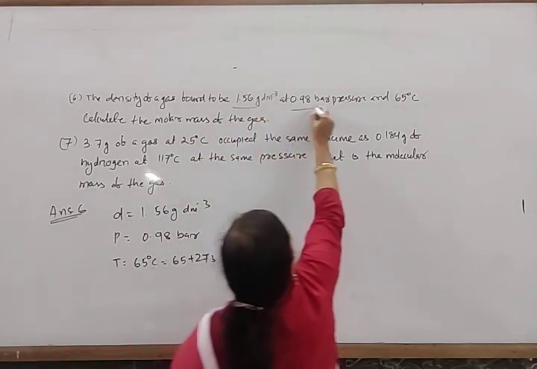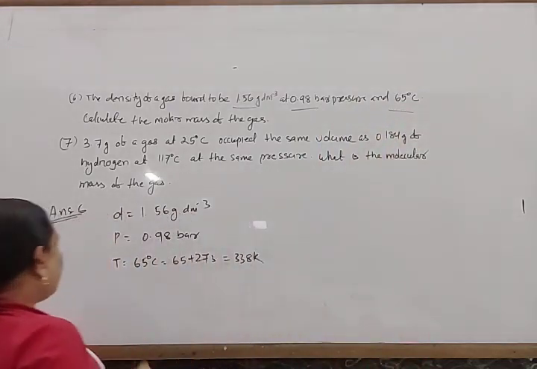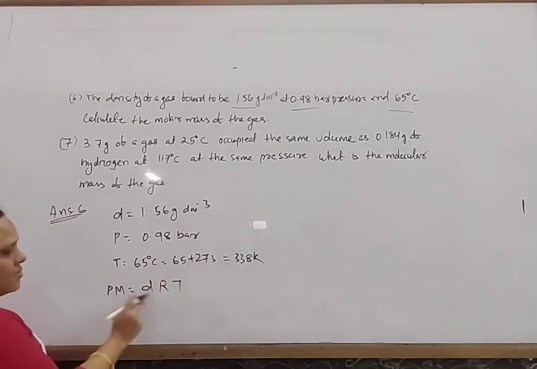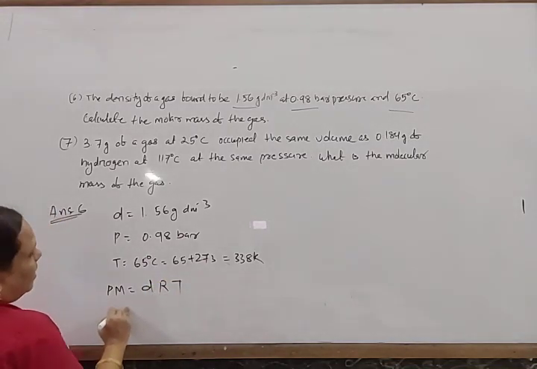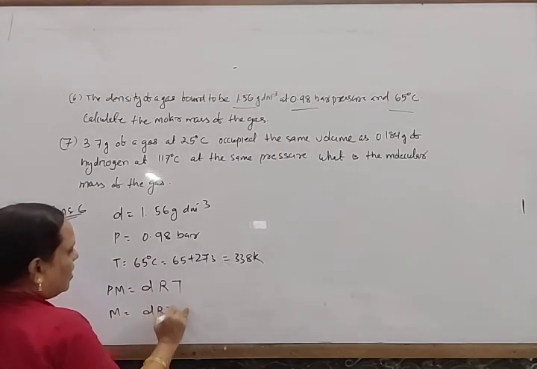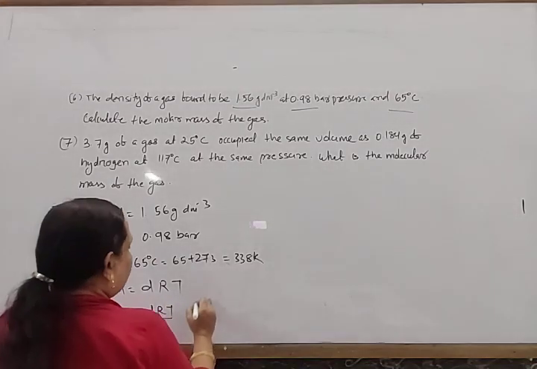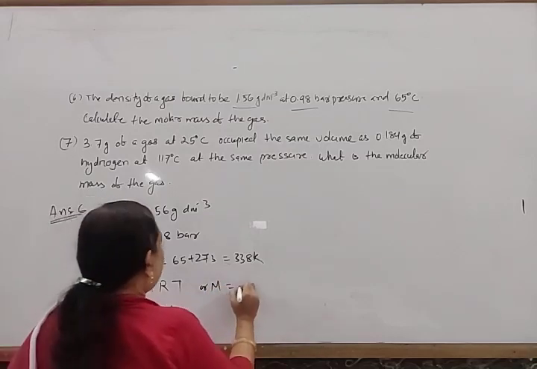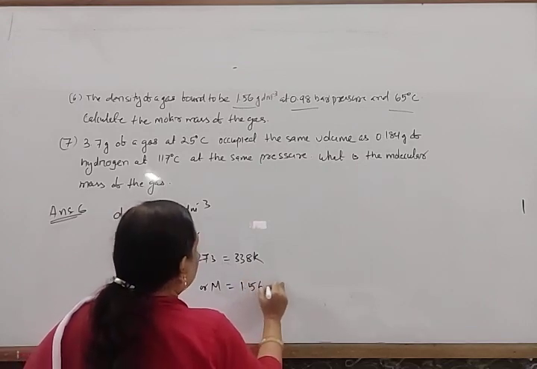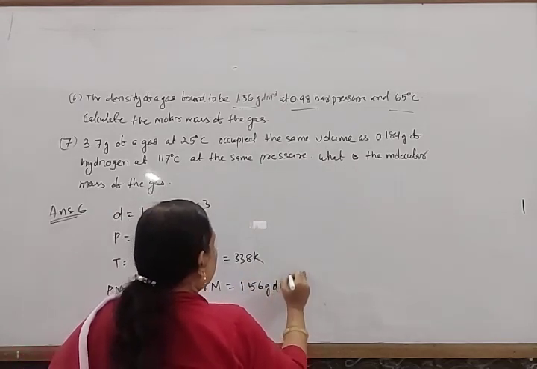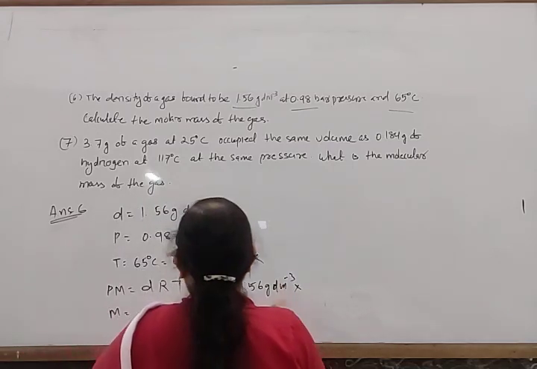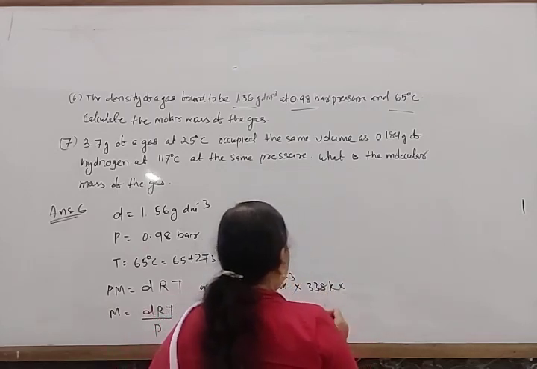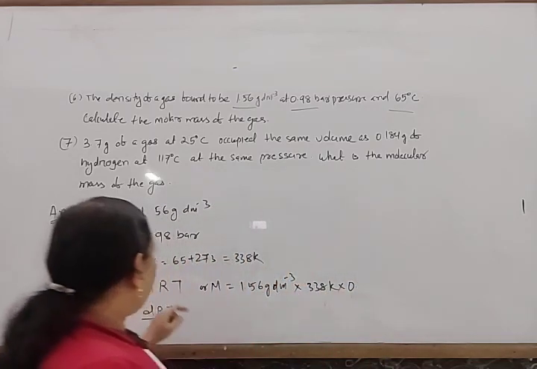We have density, pressure and temperature, and from the ideal gas equation PM equals dRT, or M equals dRT by P. Substituting these values, M equals 1.56 g dm^-3 into temperature 338 Kelvin, with R value 0.083 bar dm^3 K^-1 mol^-1, divided by 0.98 bar.